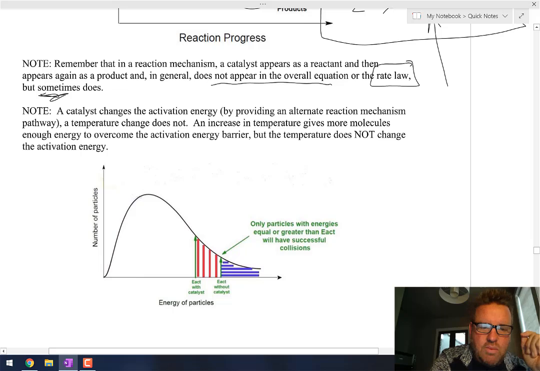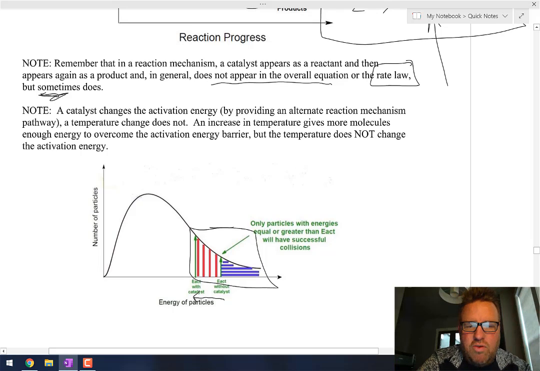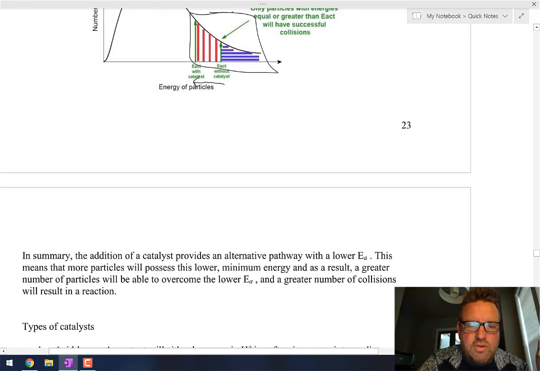So here you can see what happens is that when you provide this catalyst, this is how many molecules can react before, but now with the catalyst, you've got this many molecules that can now react, because you've lowered that activation energy barrier. So basically, we've moved that green line from here over to here, which means now more particles can react of the overall total number of particles.